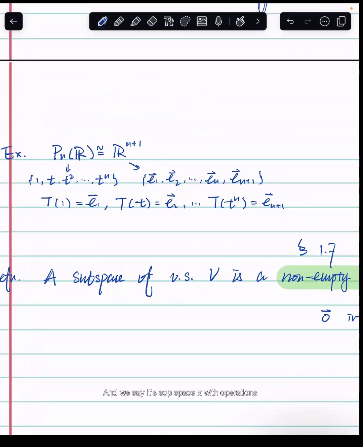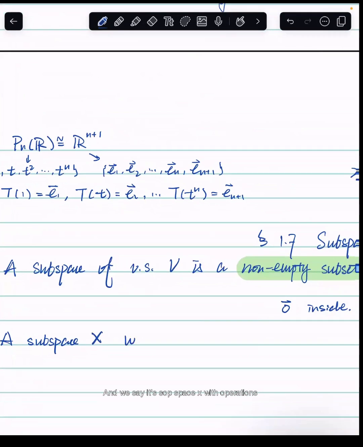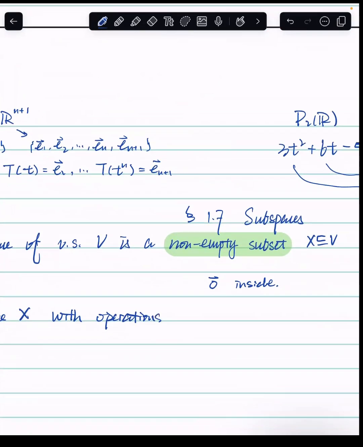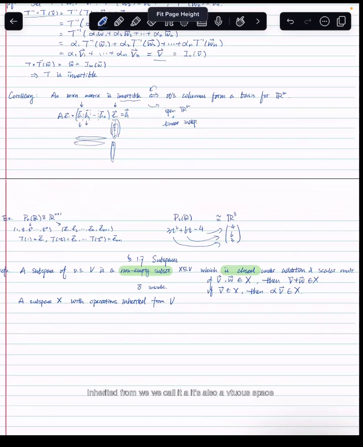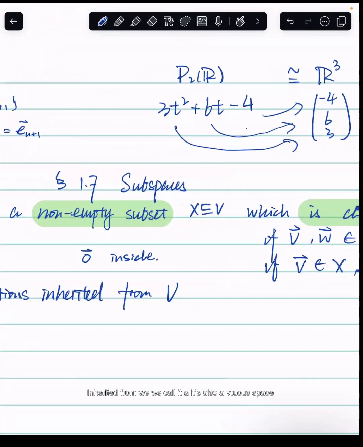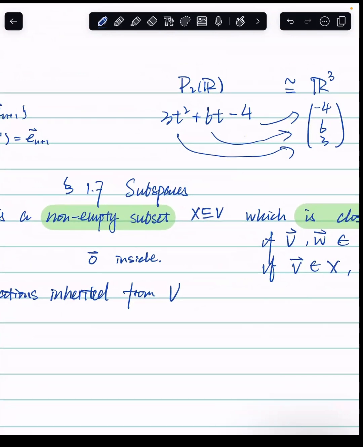And we say a subspace X with operations inherited from V, we call it also a vector space.